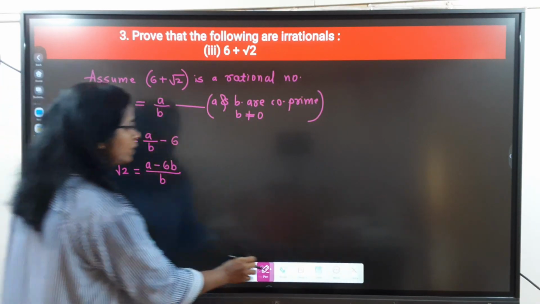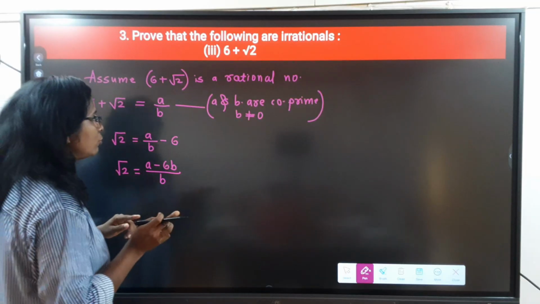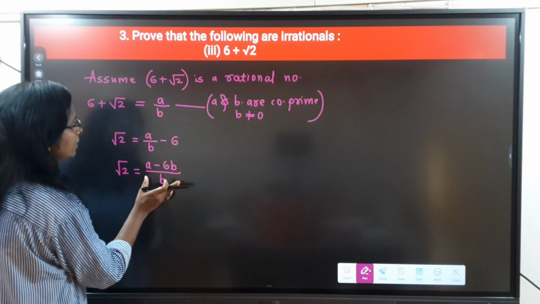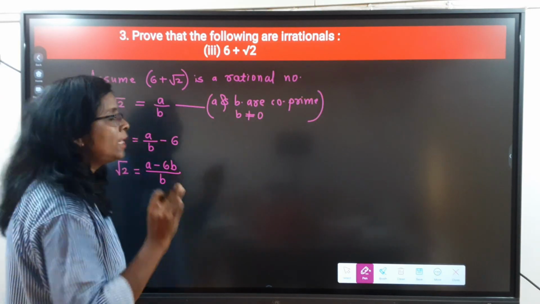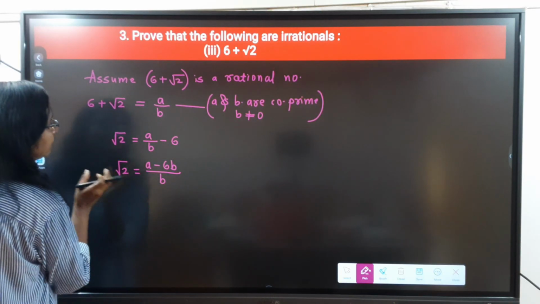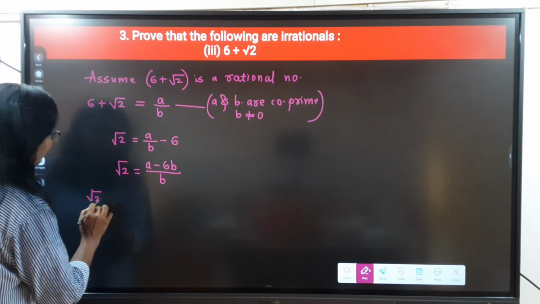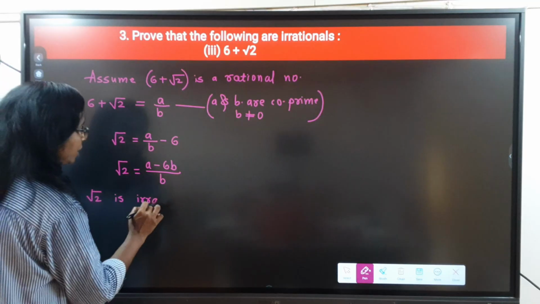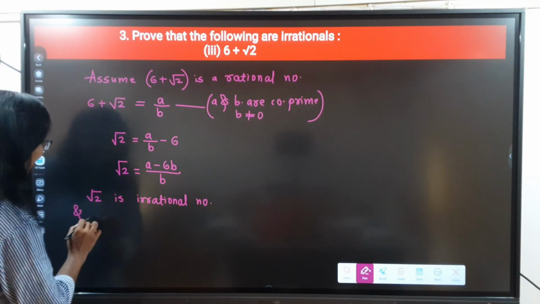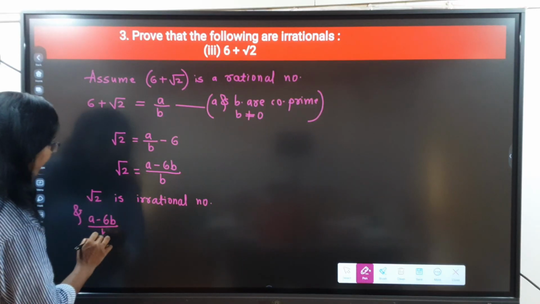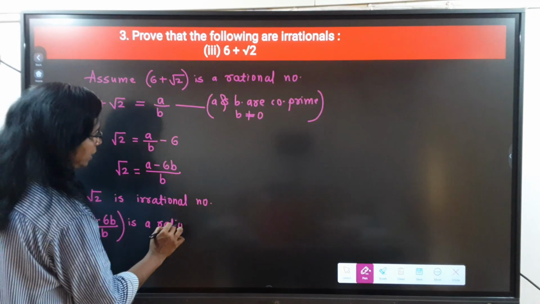Now here, students, we know that a and b are integers, and b is not equal to 0. That means a minus 6b upon b is a rational number, and the left hand side, root 2, is an irrational number. So first I write down that root 2 is an irrational number, and a minus 6b upon b is a rational number.